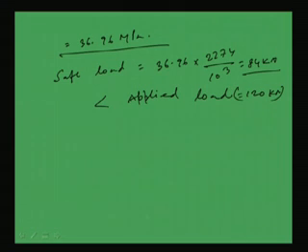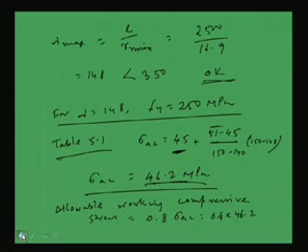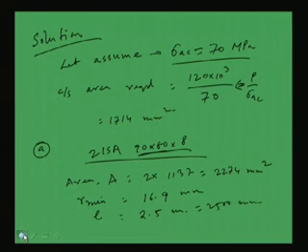So, what we have seen? The assumed compressive stress was not okay, and we are getting a safe load which is less than the applied load. Now, let me see once again: we are getting that the required cross sectional area is 1714, and we are providing 2274.